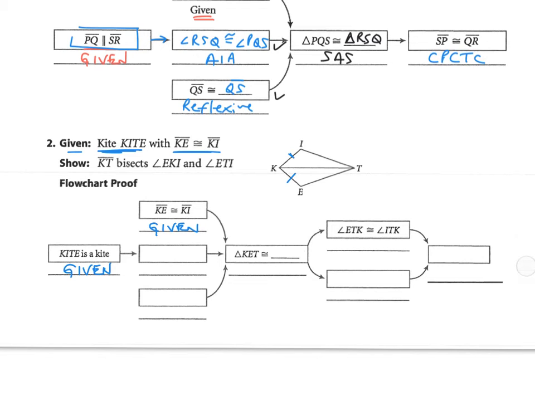All right, so what do I know about kites? I know instead of opposite sides being congruent, adjacent sides are congruent. Well, they gave me that KI is congruent to KE. I can conclude that IT is congruent to ET, and my reason is definition of kite.